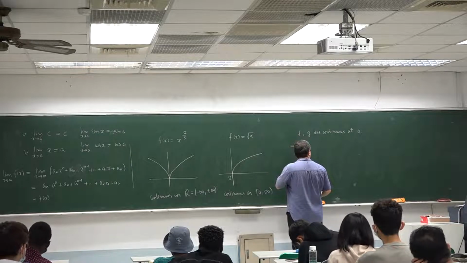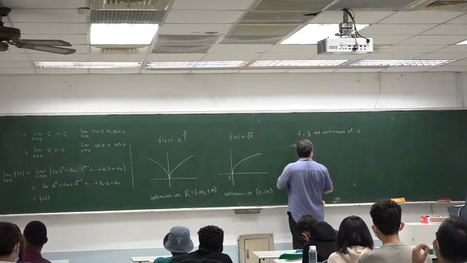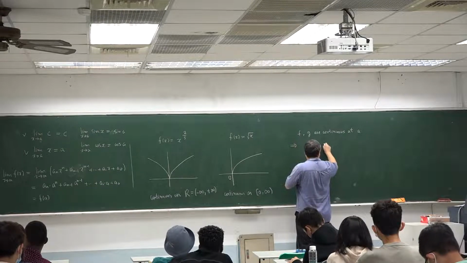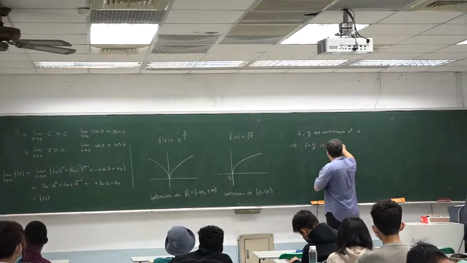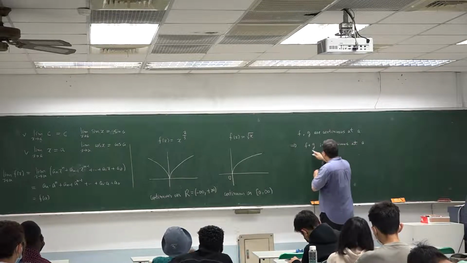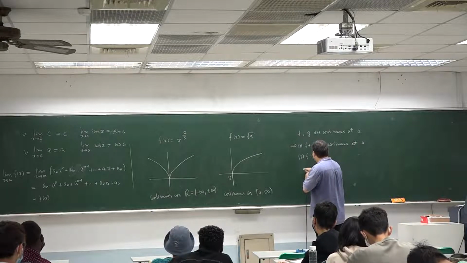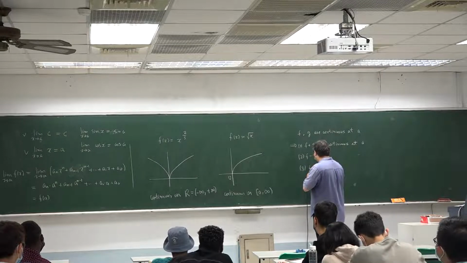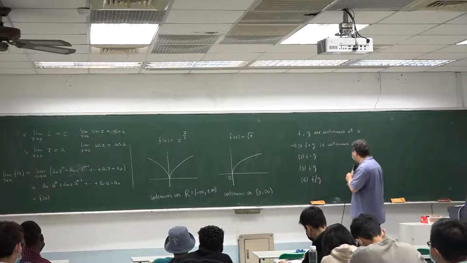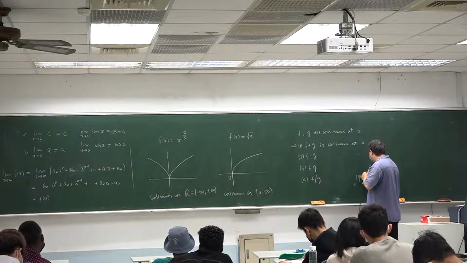These are the sum, difference, product, and the quotient at A. In this case, we certainly need more hypothesis, which means G of A is non-zero.